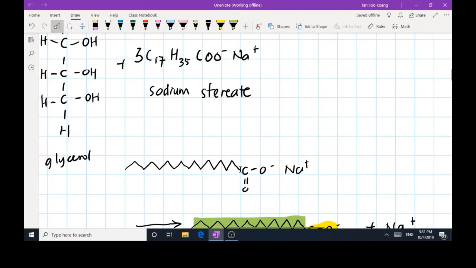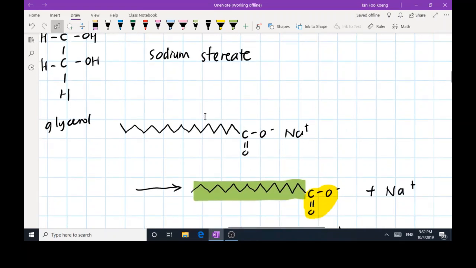So we have 17. Oh, I guess that's not right. We should have altogether 18 carbon atoms, right? Because we have 17 carbon atoms and 1 carbon atom here. So by right, there should be another C here. So this is the first C. Then we have 2, 4, 6, 8, 10, 12, 14, 16, and this is 17. So 17 C and COO minus and Na plus.